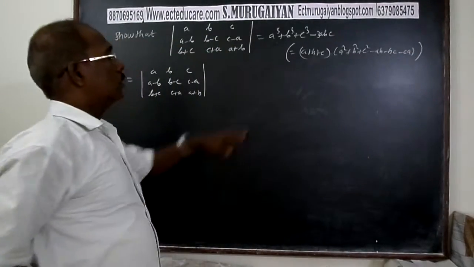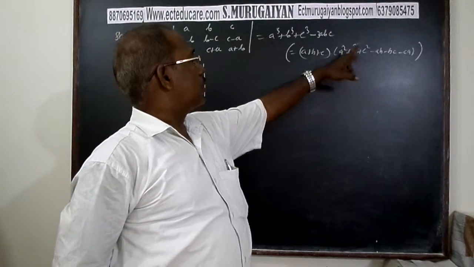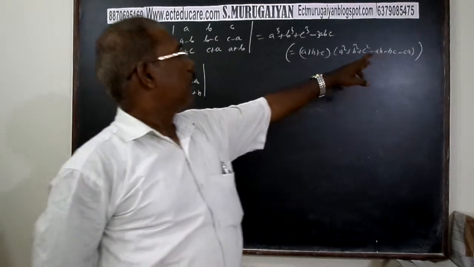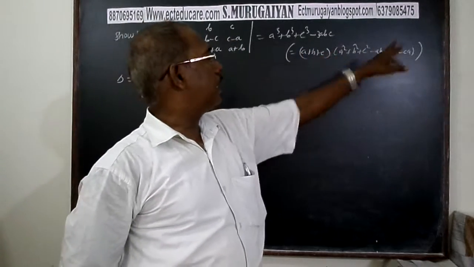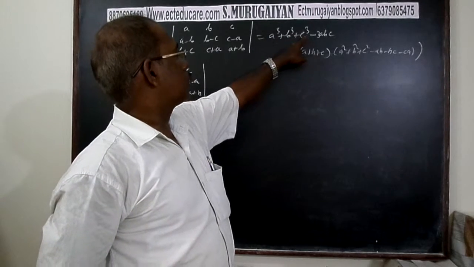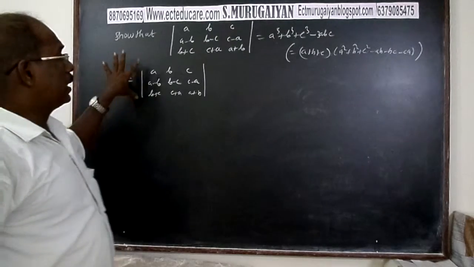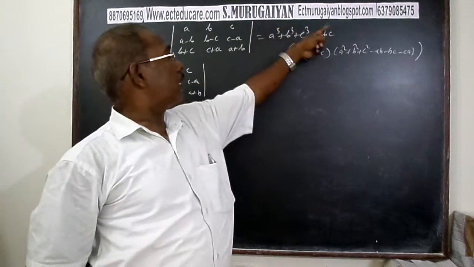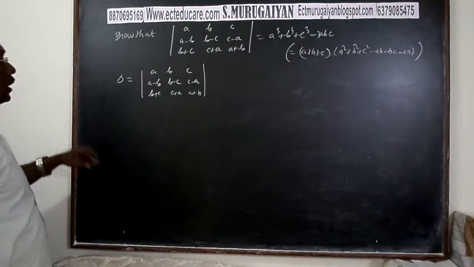So the product of these two factors, if you multiply, you can get a cube plus b cube plus c cube minus 3abc. So what is the indication? One of the factors of the required expression is a plus b plus c, we can try for this.